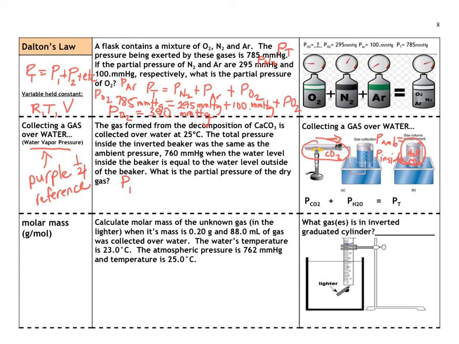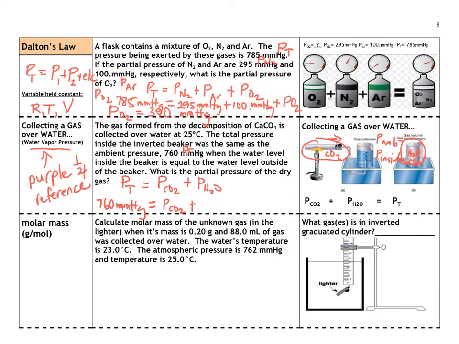So PT equals P of both the dry gas, which is carbon dioxide, and of course the water vapor that's inside that container because it's being collected over water. PT is 760 millimeters of mercury. This is my PT. The pressure of my dry gas, which is carbon dioxide, is unknown.